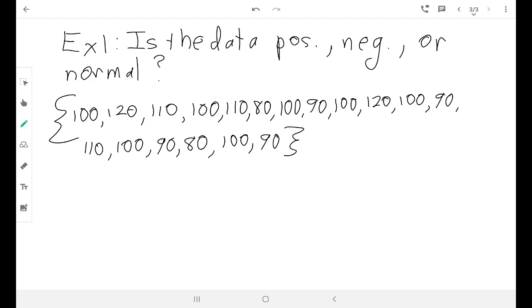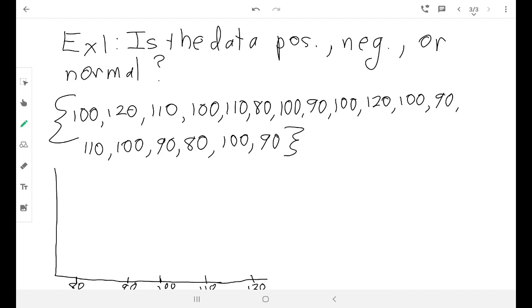So let's graph this. The way we're going to graph it is I'm going to have a mark for 80, a mark for 90, a mark for 100, a mark for 110, and a mark for 120. I'm trying to keep these marks evenly distributed.